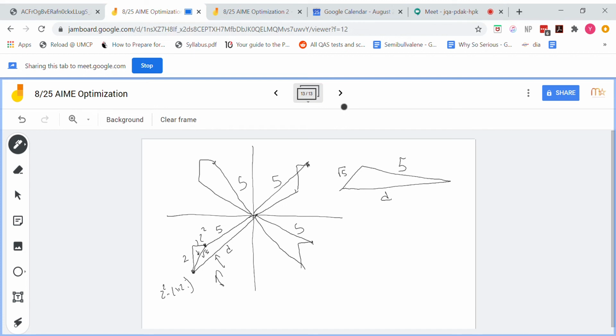And so what does this tell us? d is at most 5 plus root 5. It could be less, so d is less than or equal to 5 plus root 5. Obviously we want to maximize d, so we want to make it equal. And when is it equal to 5 plus root 5? When this angle is 180 degrees.